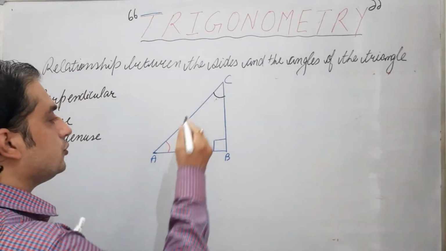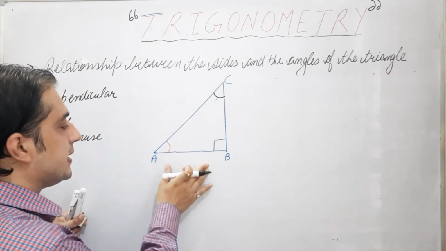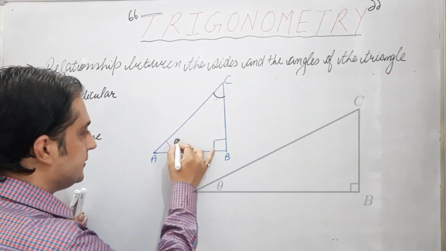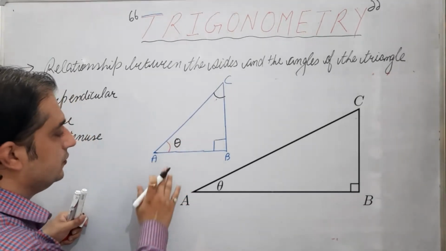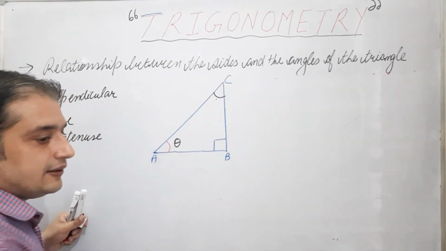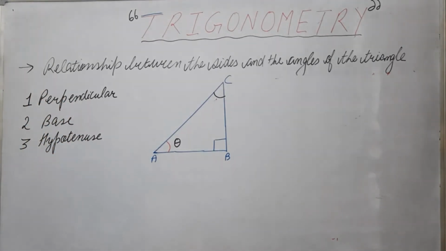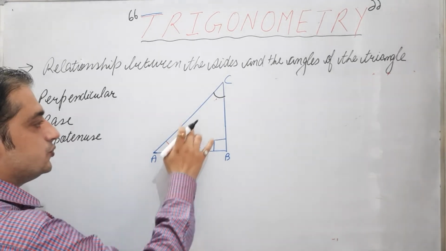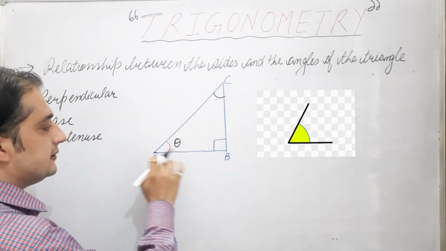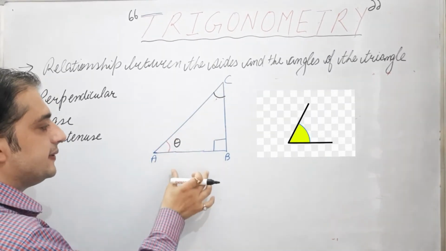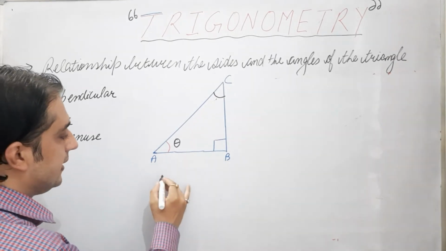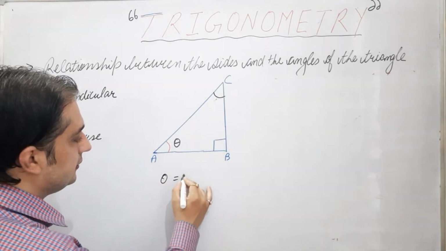So angle between the two sides, this angle I generally write is theta. So theta is the Greek letter, right, used to indicate the angle between the two sides.